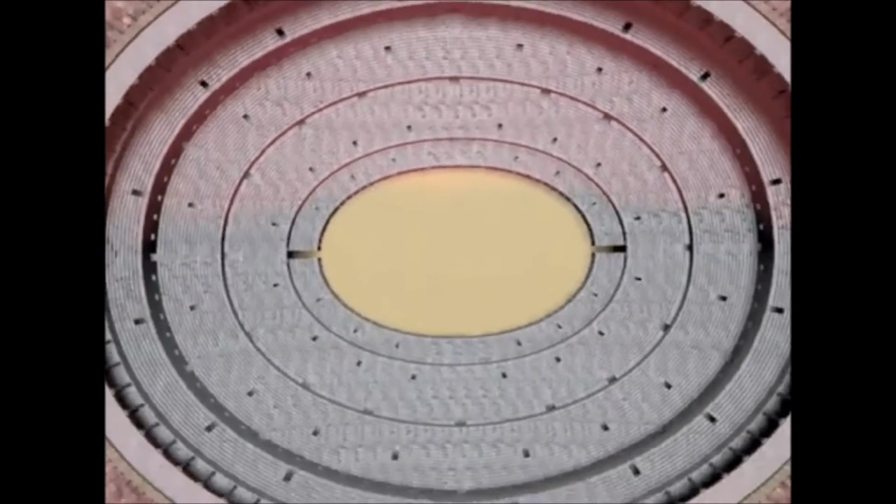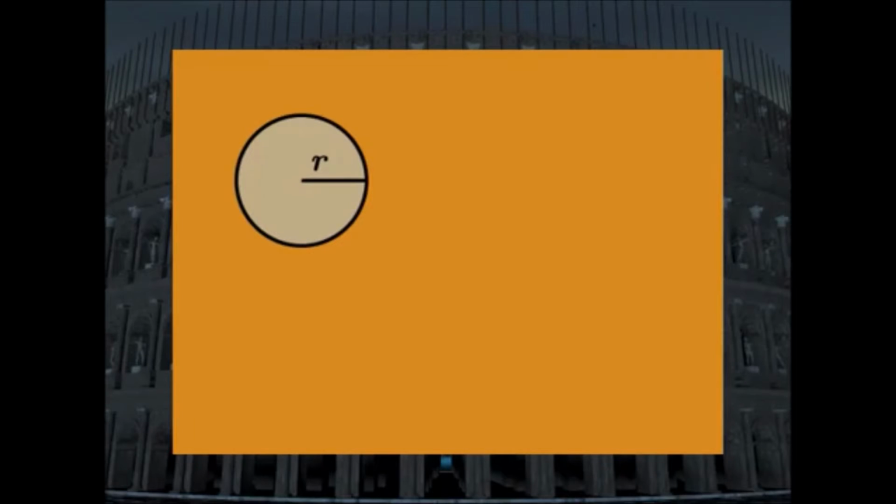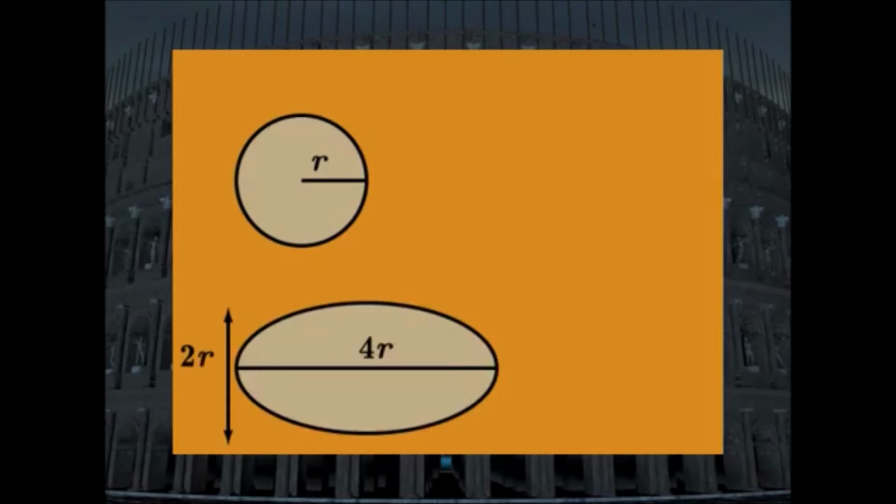Since an ellipse is a wider version of a circle, the larger area would result in more available stadium seats. For example, here is a circle of radius r, and here is an ellipse of width 2r and length 4r. The area of the circle is pi r squared, while the area of the ellipse is 2 pi r squared, twice the area of the circle.